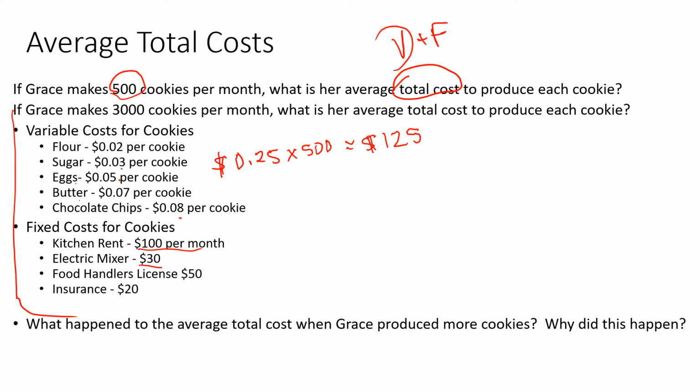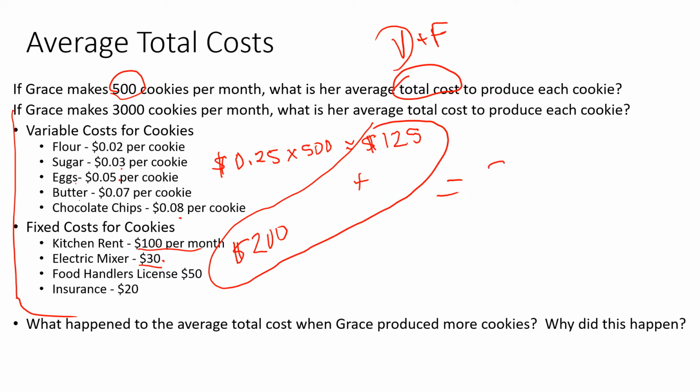She has an electric mixer that costs her $30, a food handler license that costs her $50, and insurance that she has to pay that costs $20. So her total fixed costs are 100 plus 30 plus 50 plus 20. So that is $200 total if we add all that together. So her total costs are variable costs, $125, plus her fixed costs, $200, which equals $325 to make 500 cookies.